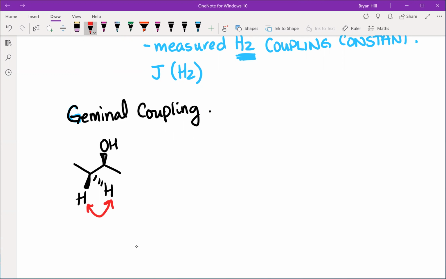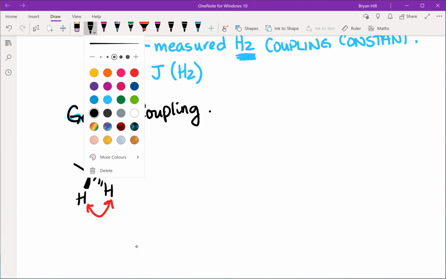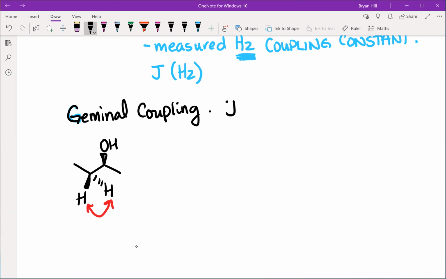Because they're diastereotopic protons, they will sense one another and they will couple with one another. So these two diastereotopic protons we had before, this would be a geminal coupling. Sometimes this is called J2. This little 2 up at the top describes the number of bonds it's passing through.